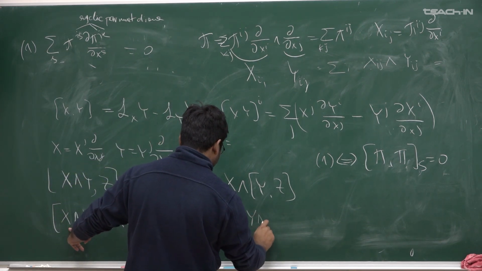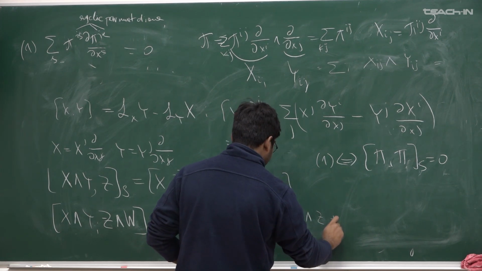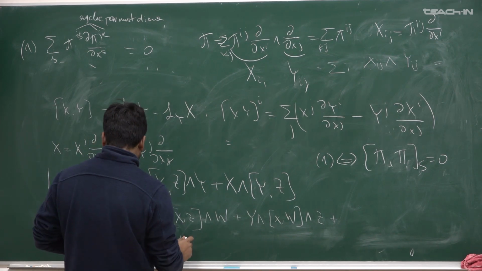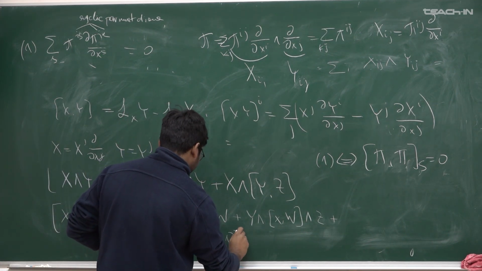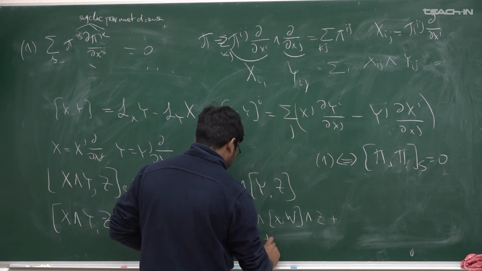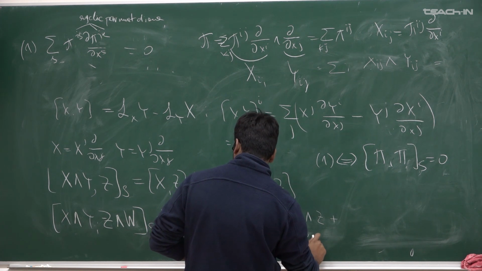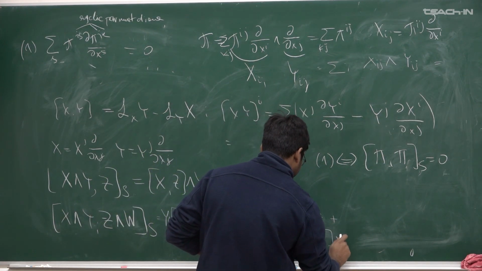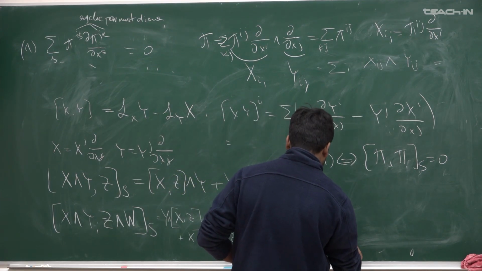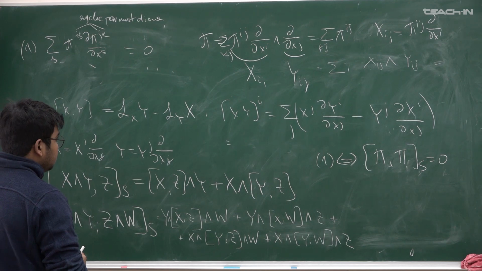So we have like X, plus X. And now, in place of X, Y, Z, and W, we have to put X_ij, Y_ij, X_kl, Y_kl.